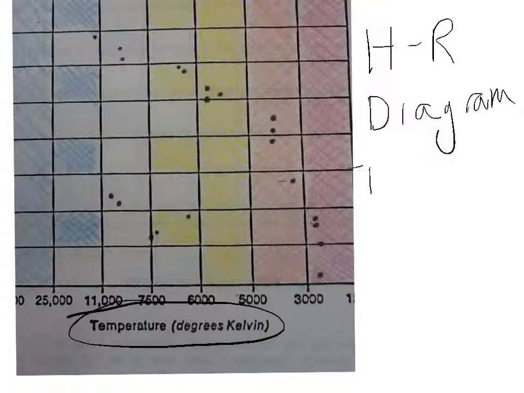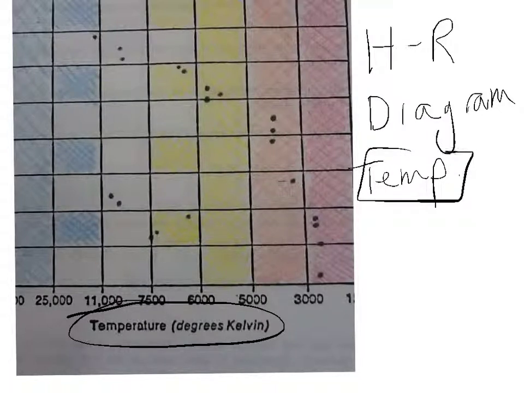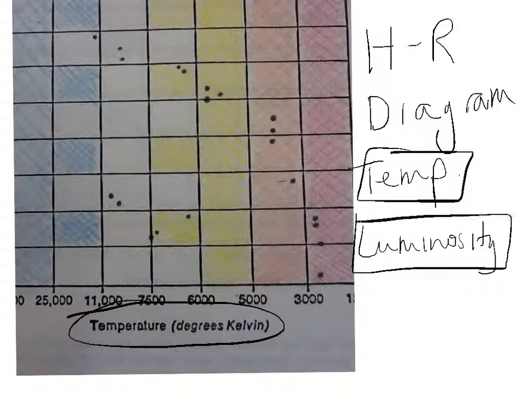And so make sure that you take a look at that temperature. And the other thing is luminosity, the brightness of stars. Is it big stars, little stars? How do those run? So be able to explain and take a look at your HR diagram and know just the general idea of where stars fall.